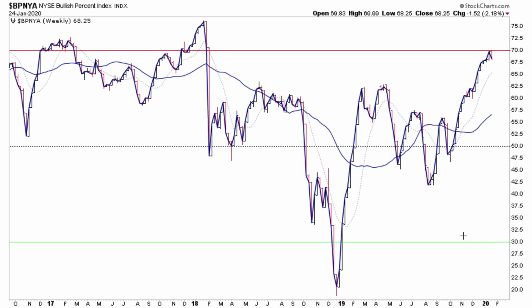Next, we're going to look at the NYSE Bullish Percent Index. Again, we've been in a very strong up move since the October lows, and obviously we had a 2% down week this week. It hasn't made it yet above the key 70% level where it starts to get into overbought ranges, so it continues an uptrend currently.